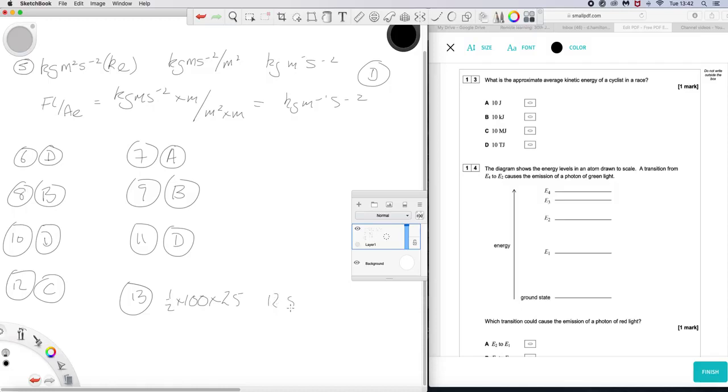It's about 12 and a half, 1,250, 12,500. So we are looking at 10 joules, no. Megajoules, no. Terajoules, no. Probably kilojoules. So B.